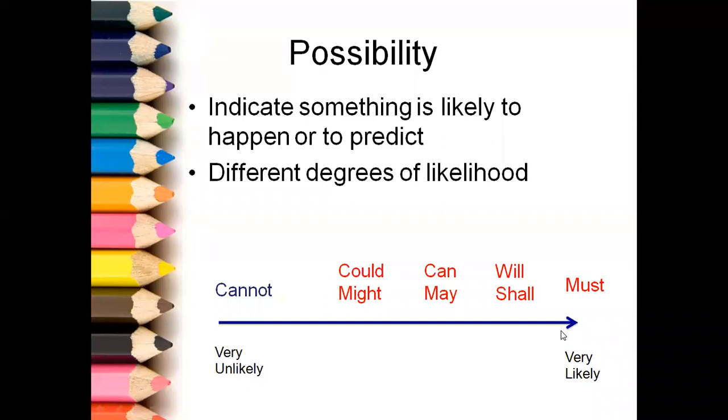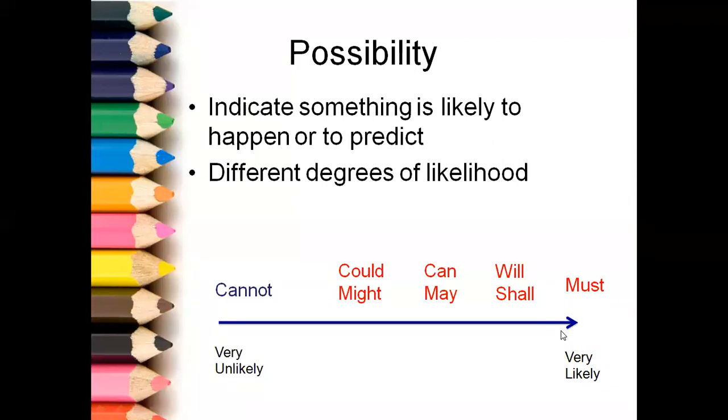Similarly, could and might is something when you're not sure. It is something like 50-50. It could rain, it might rain today. So could and might is like 50-50, not very sure. Now you can see can and may is something like 75%. I think it can rain today, it may rain today. That's something like more possibility, 75% sure.